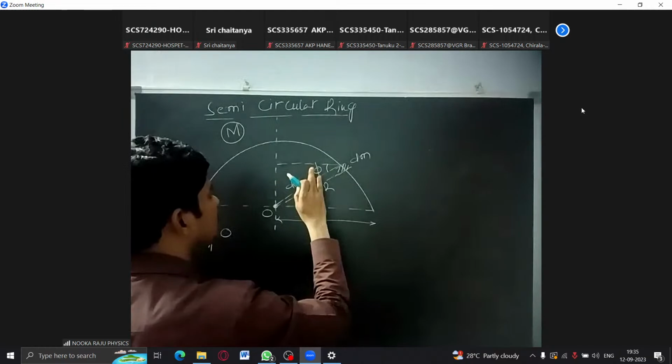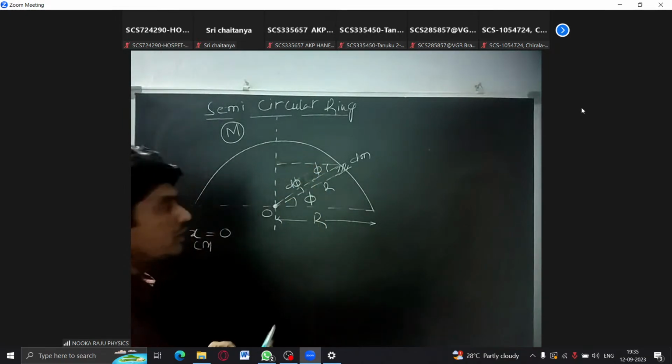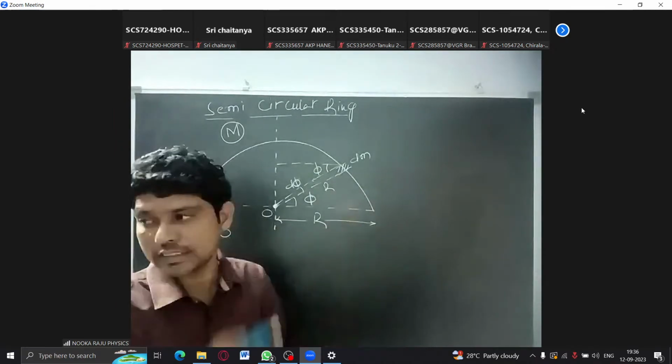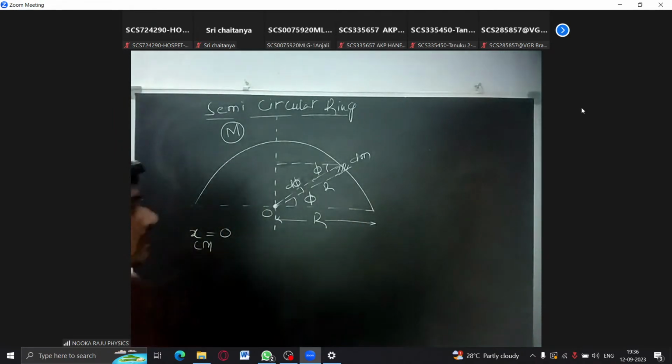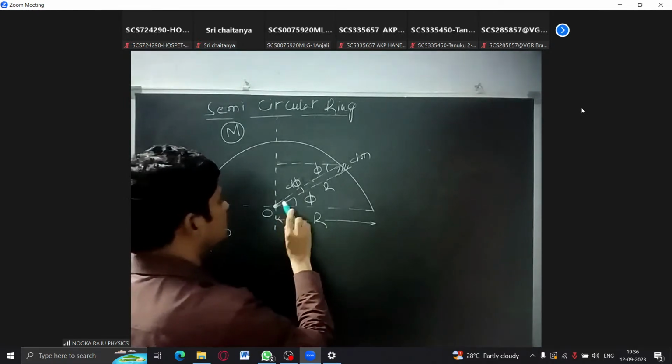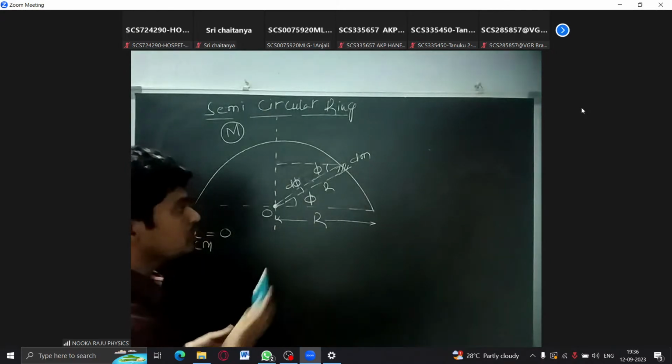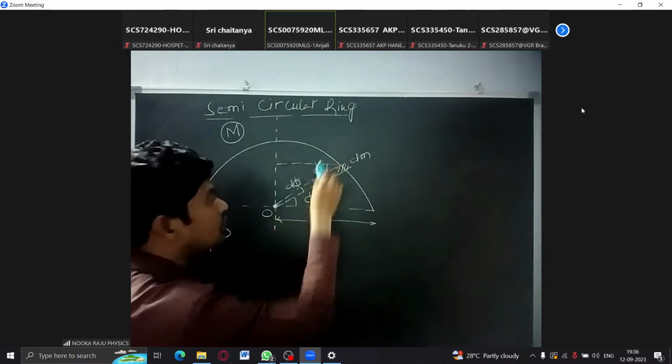Now try to understand this terminology. Here, pi is the angle made with the x-axis. This is the width of the given ring, so let it be d pi. This is pi, and automatically this is also pi.